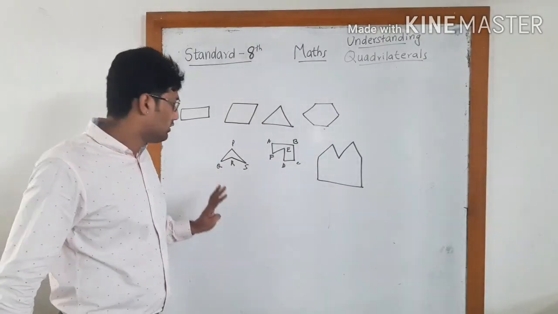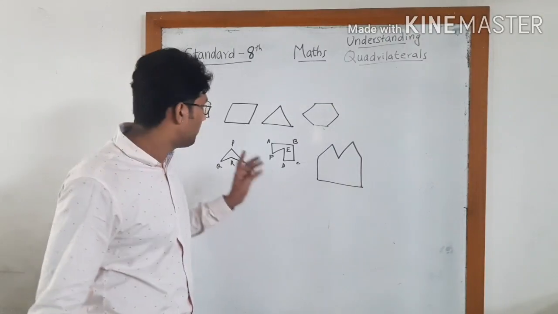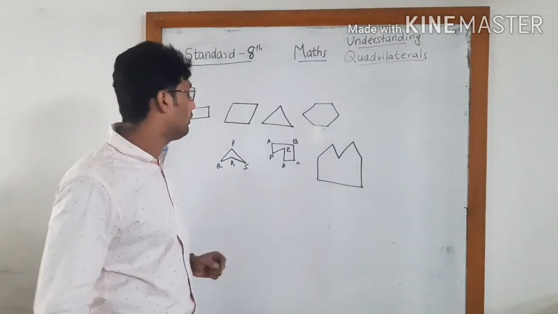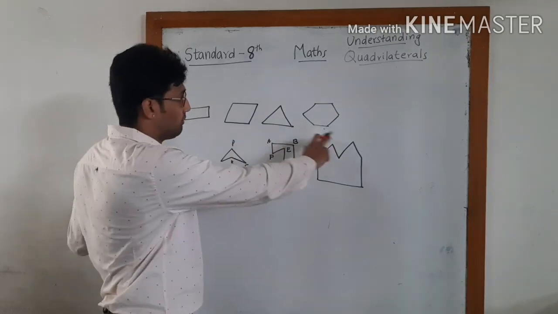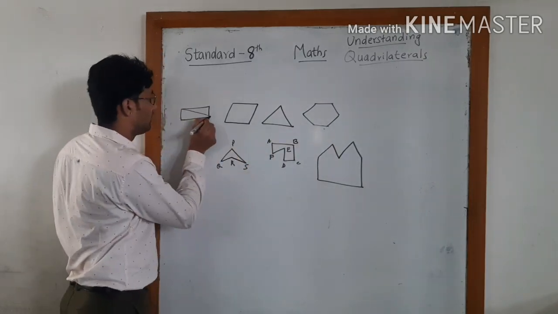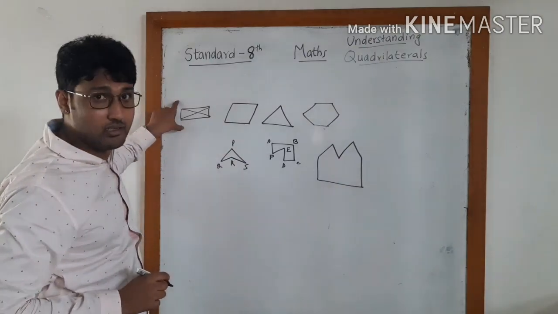All these are polygons because they are simple closed curves made up of only line segments. Now, if I draw diagonals of these polygons, it is inside the curve, right?